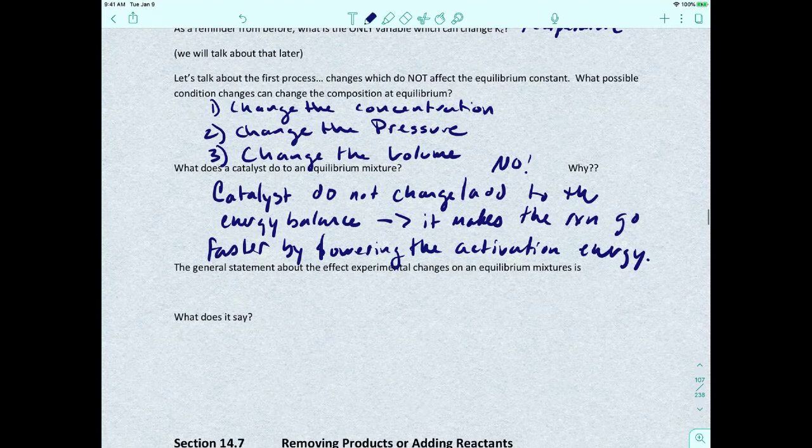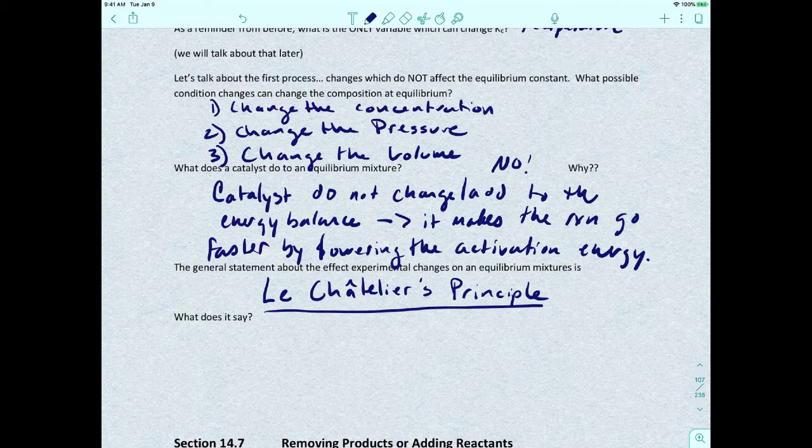Now, the general statement about the effect of experimental changes on an equilibrium mixture is Le Châtelier's principle. In each general chemistry course, there's usually a really big idea that is the key for the course.